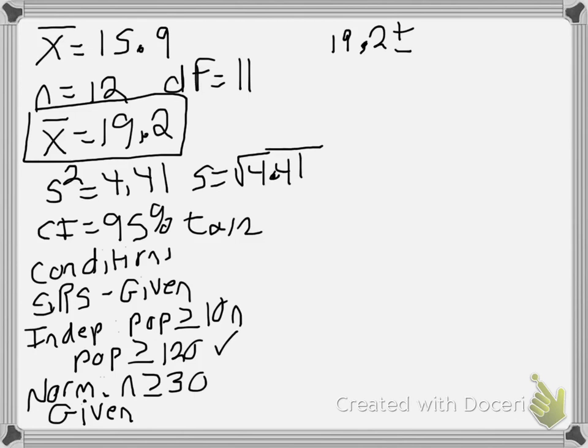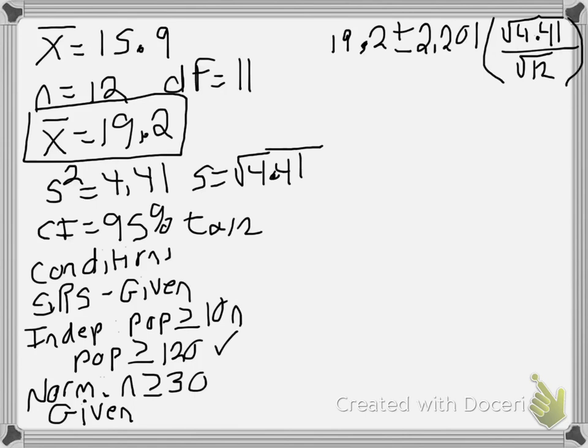So 95%, 11 degrees of freedom. Hopefully you're all coming up with 2.201. And again, it said the variance was 4.41, so if I want S, I want the square root of 4.41 over what? The square root of 12.